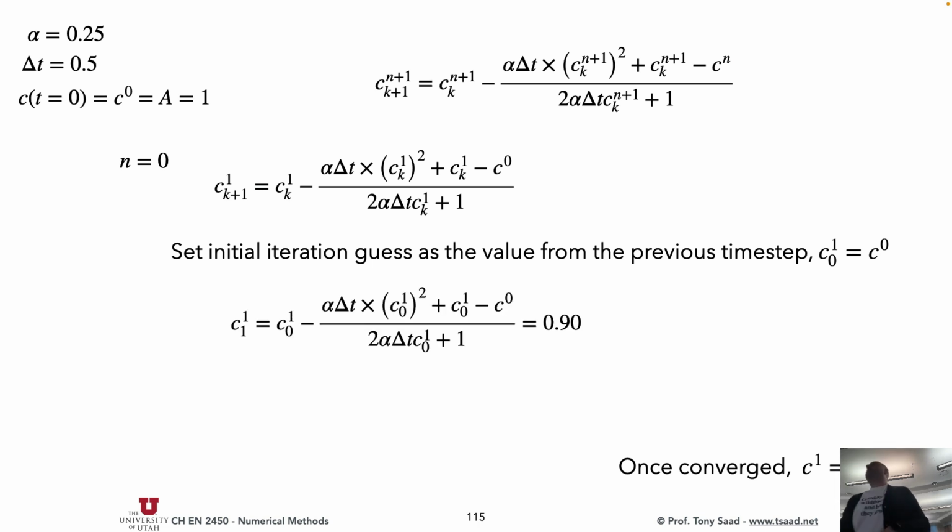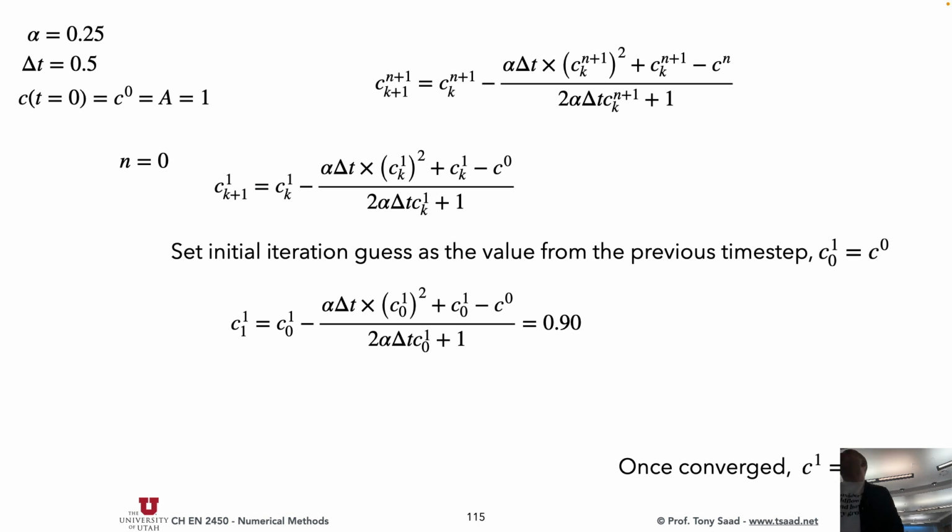Then you start iterating. The first iteration, okay, so C1 at 1 is C0, okay? So that's k equals 0 here. So we're doing ck plus 1 from ck. So you plug in the values and you get a number, okay? Now that gives you the first iterate, C1.